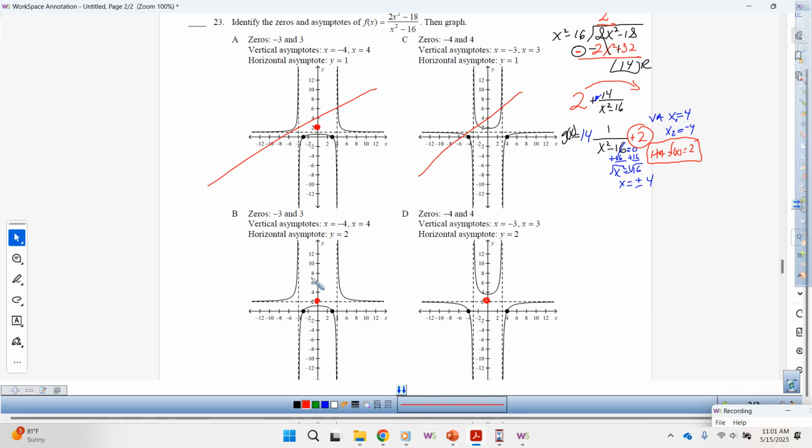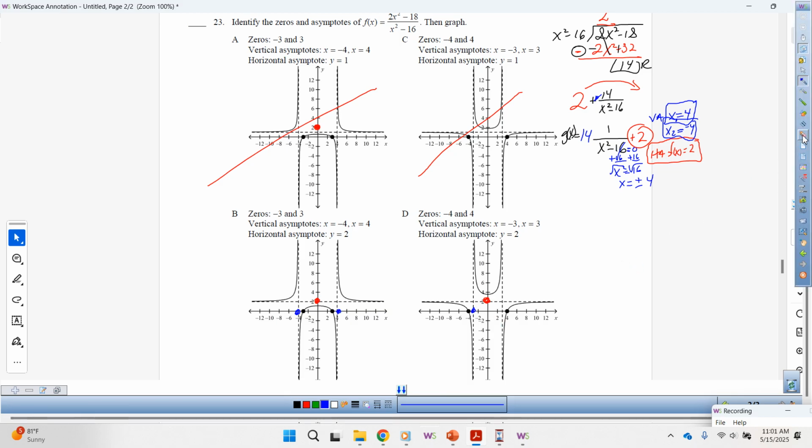So far, B and D. Next, our VA is positive 4 of X and negative 4 of X. Okay.